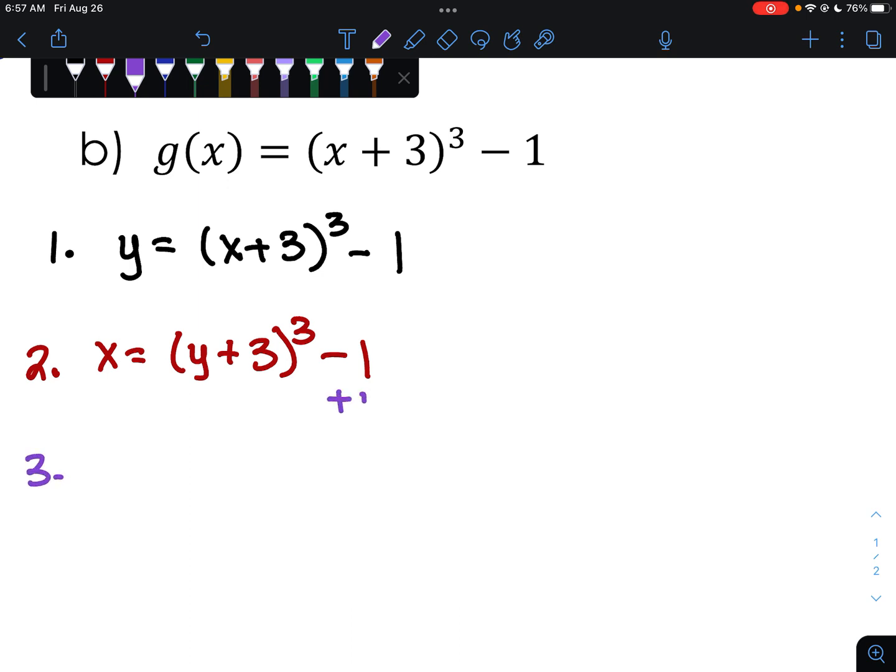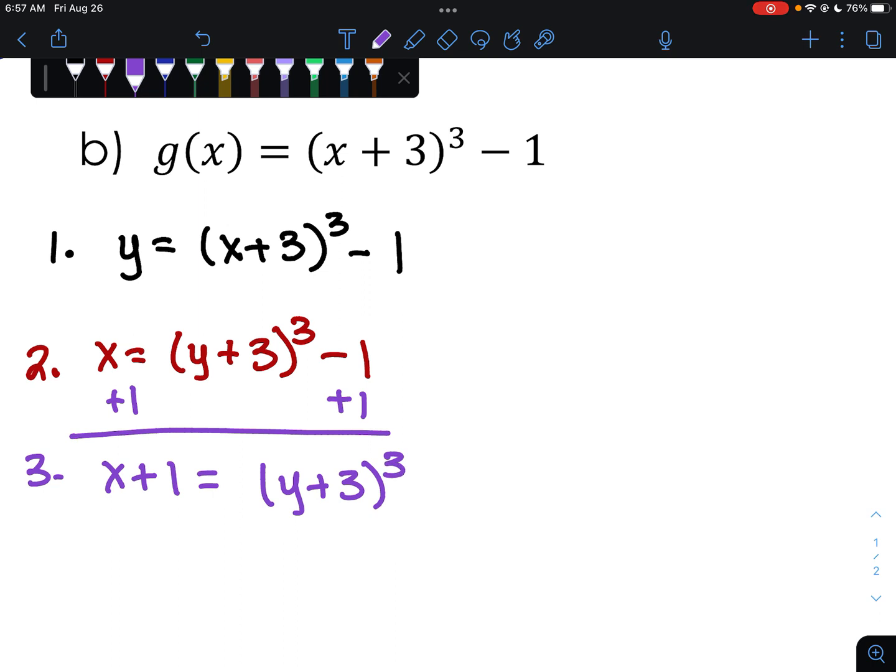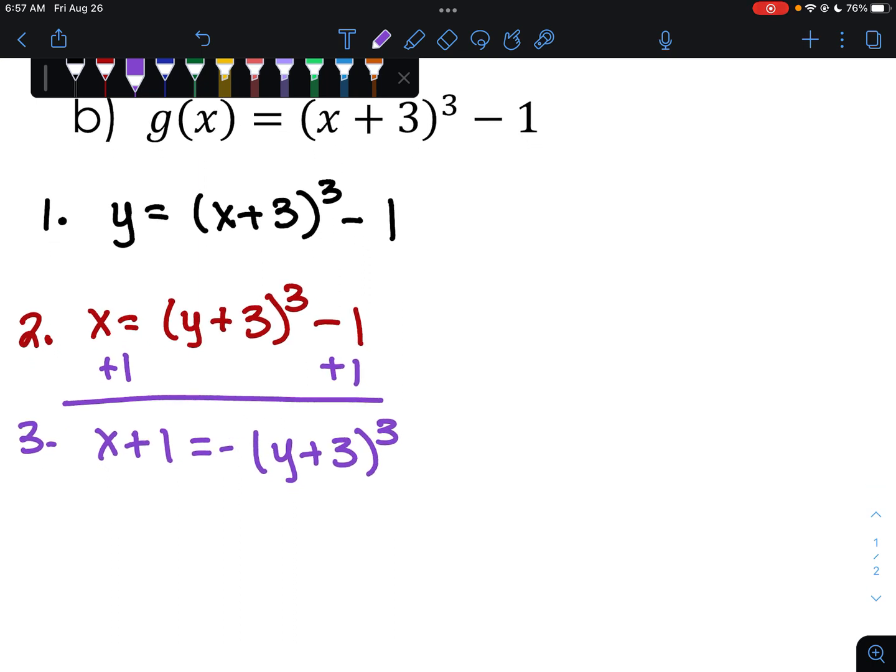So I'm going to start by adding 1 to both sides. So I get x plus 1 equals y plus 3 cubed. Opposite of cubing something is to take the cube root. So I'm going to take the cube root of both sides.